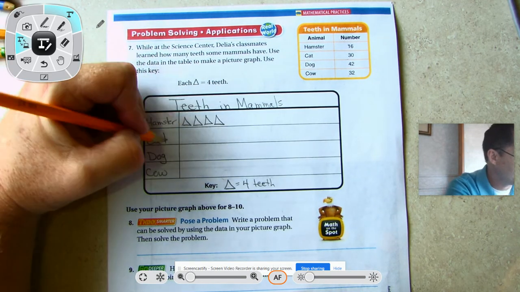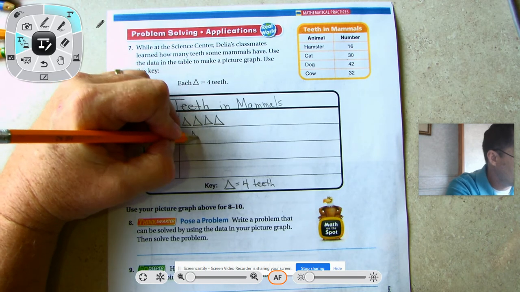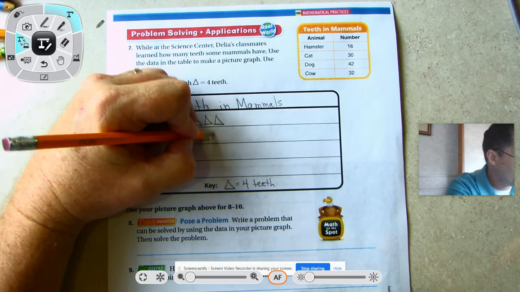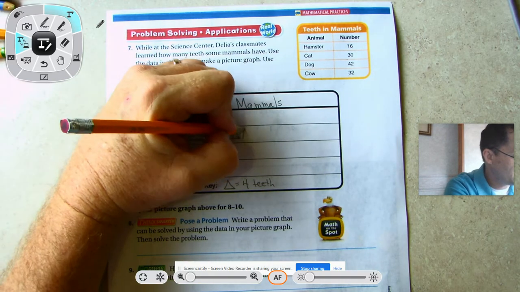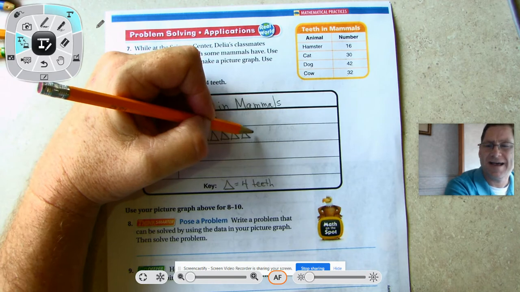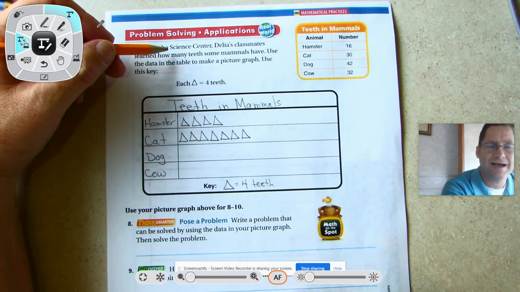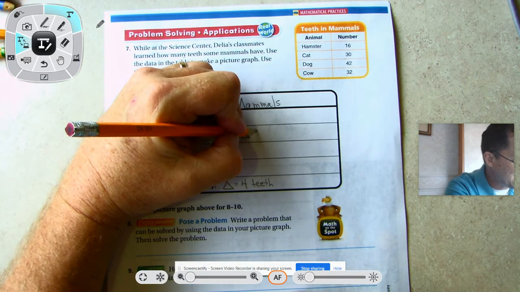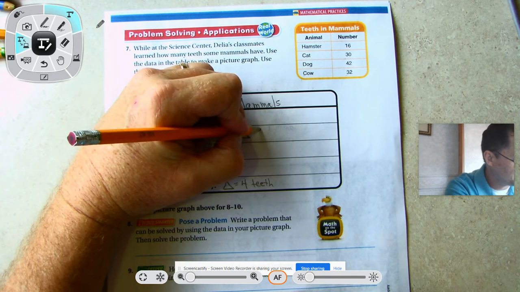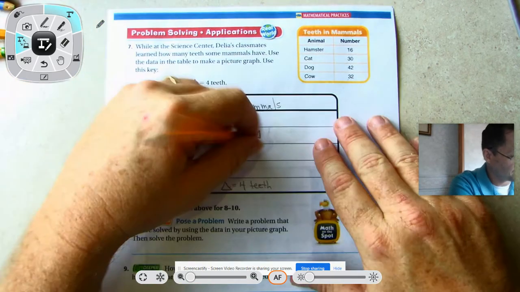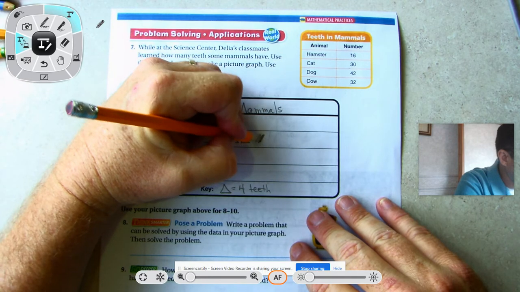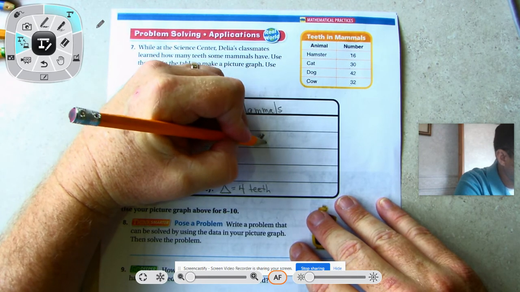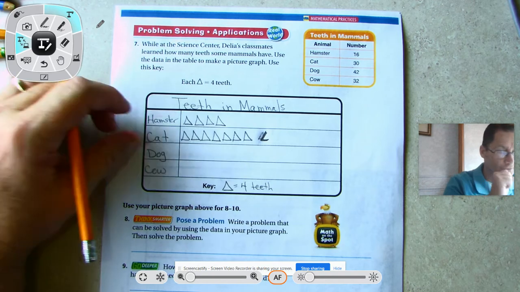Okay, 30. 4, 8, 12, 16, 20, 24, 28. If I add another 4, that's 32. I need 2. So we're going to do half of a triangle. Half the triangle.